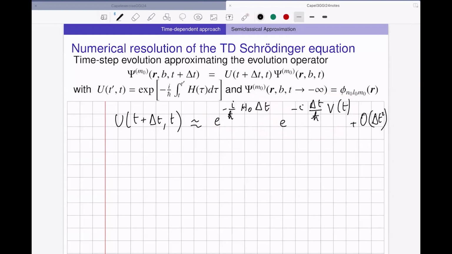And computing these operators is not simple.